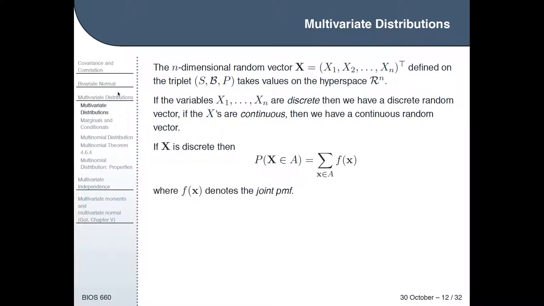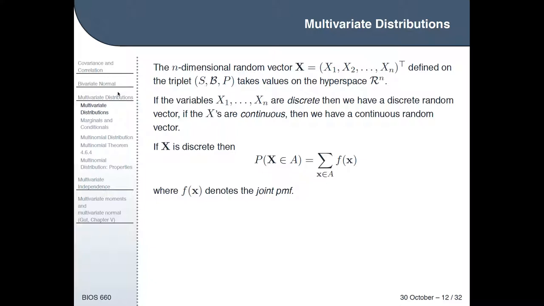And if x is discrete, then to find the probability that x equals some value, or more generally that x is in some Borel set or some set of real numbers, you just take all the possible values of x corresponding to that A and sum over them.